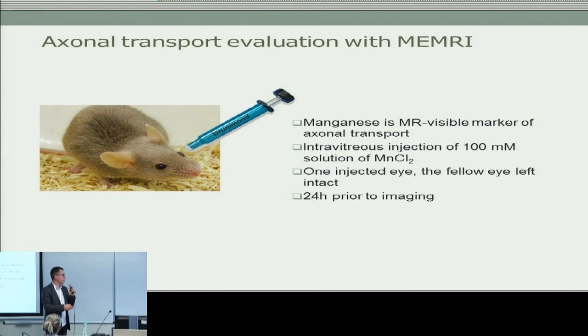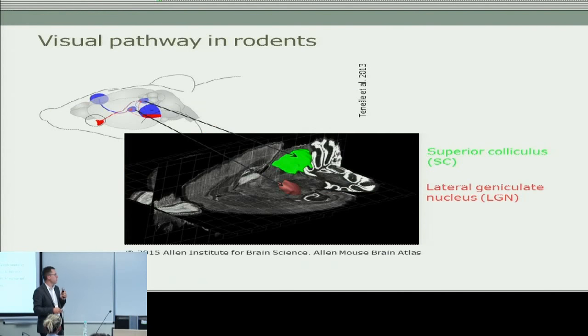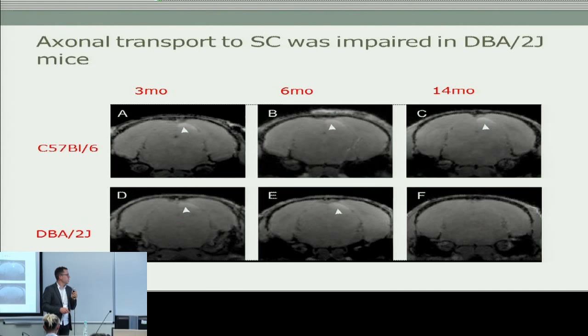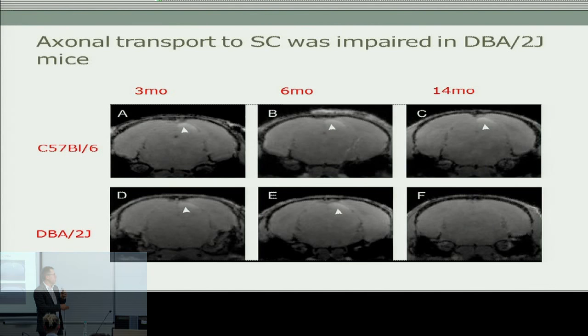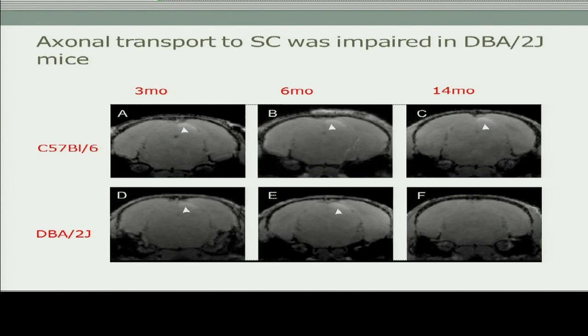So we basically injected a solution of manganese chloride into one eye, and then we allowed some time for manganese to be transported to the brain. What we expected was to visualize the primary targets of the retinal ganglion cell axons, in fact these two structures: the LGN, lateral geniculate nucleus, and the superior colliculus. And as you can see, the manganese really reached the superior colliculus and also the lateral geniculate nucleus that I don't show here.